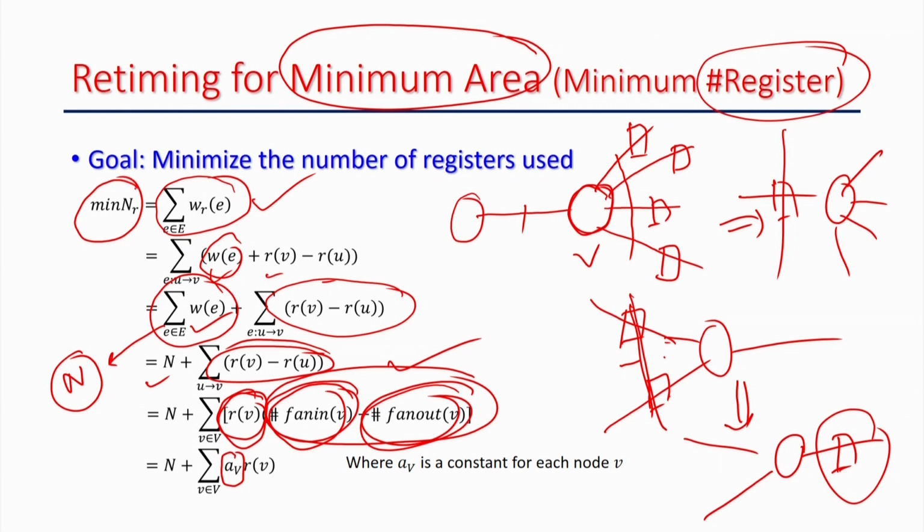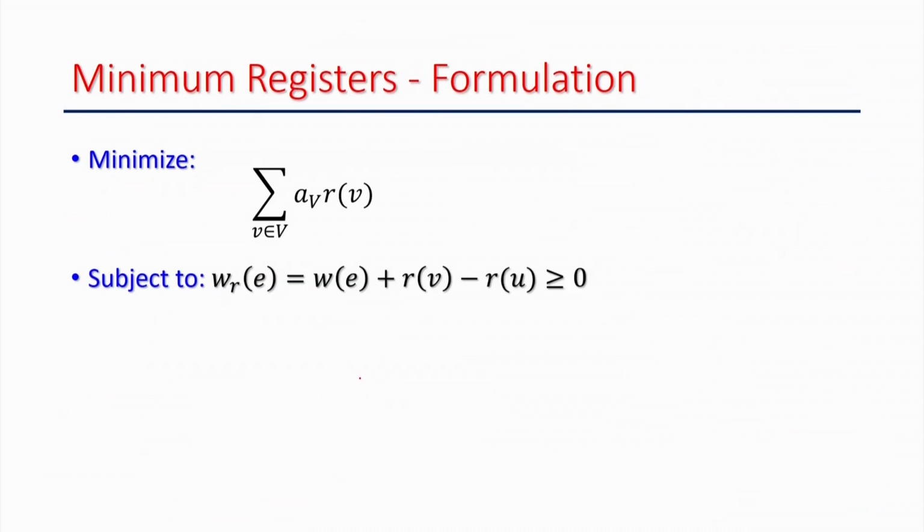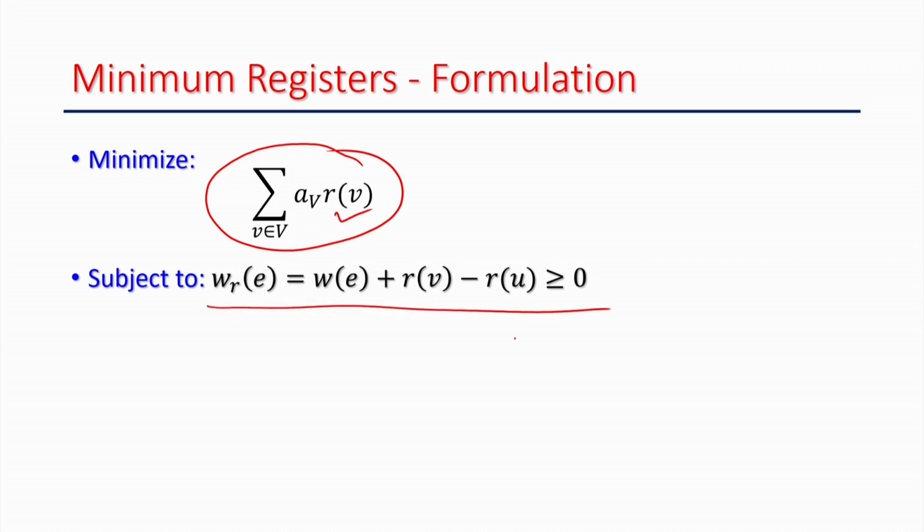So, the objective here is, since n is fixed and AB is also fixed, I try to find the values of RV such that this summation is minimum. So, the objective is to minimize this summation over each node's RV value, subject to the feasibility constraint, right.